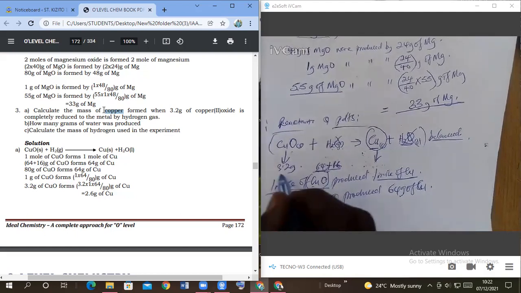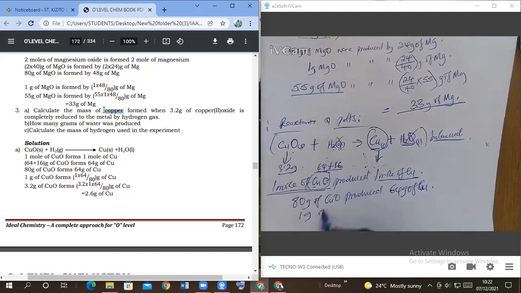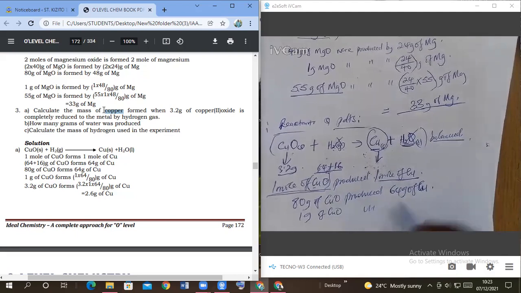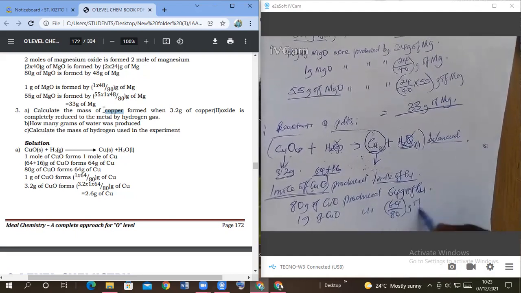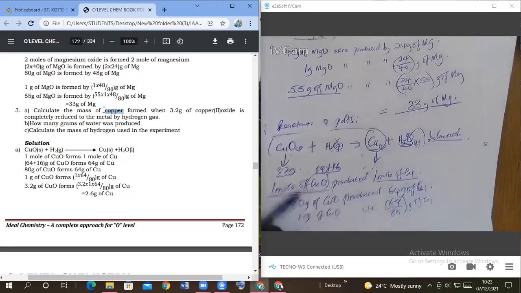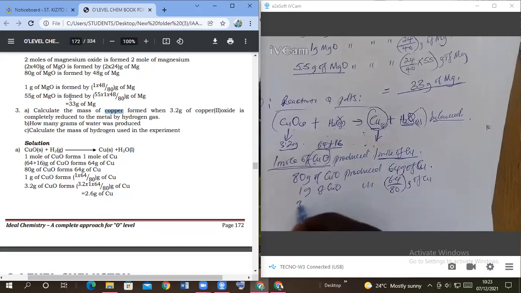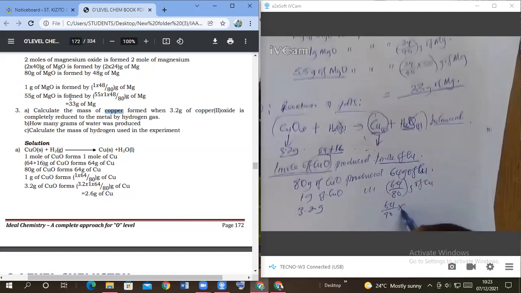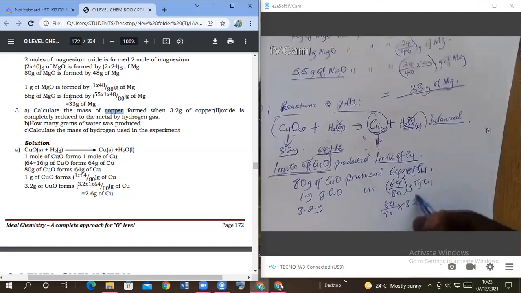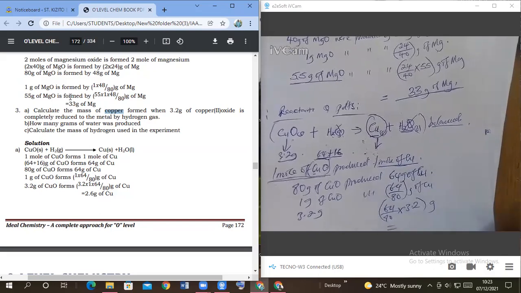Now they have given you 3.2. What about 1 gram of copper oxide? It produced 64 out of 80 grams of copper. What about 3.2 grams of this? It is 64 divided by 80 times 3.2 grams. What is the answer?